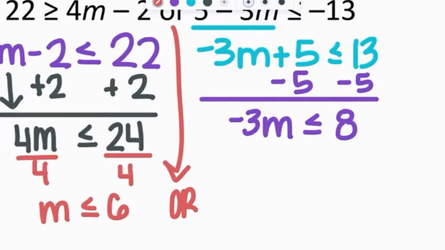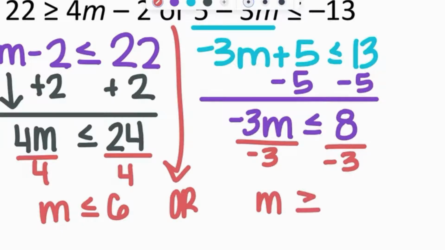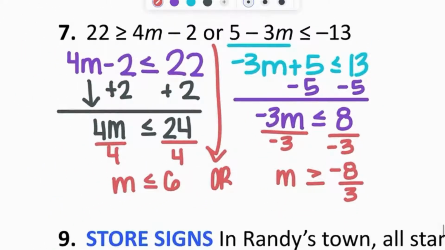And when I divide both sides by negative 3, now notice I'm dividing by a negative, which means I have m is greater than or equal to 8 divided by negative 3 would be negative 8/3. And so notice how we flipped that sign because we divided by a negative, okay?